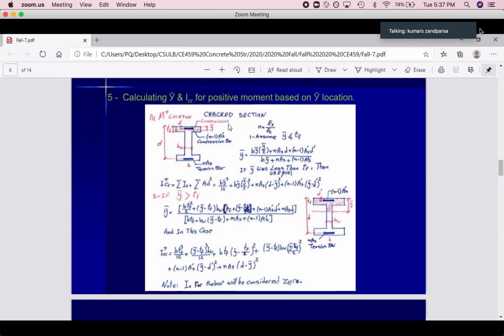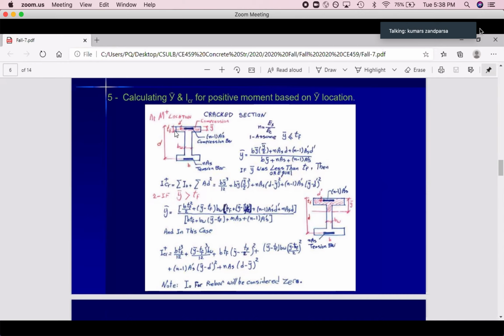As you can see, we have all the numbers. B, we know the size of the beam. D, what's the D? Distance from the center of the tension bar to the top. D prime, center of the compression bar to the top. It's the same as rebar calculations, nothing is new here for this section. So based on this, we have 3 segments: 1 concrete, 2 rebar.